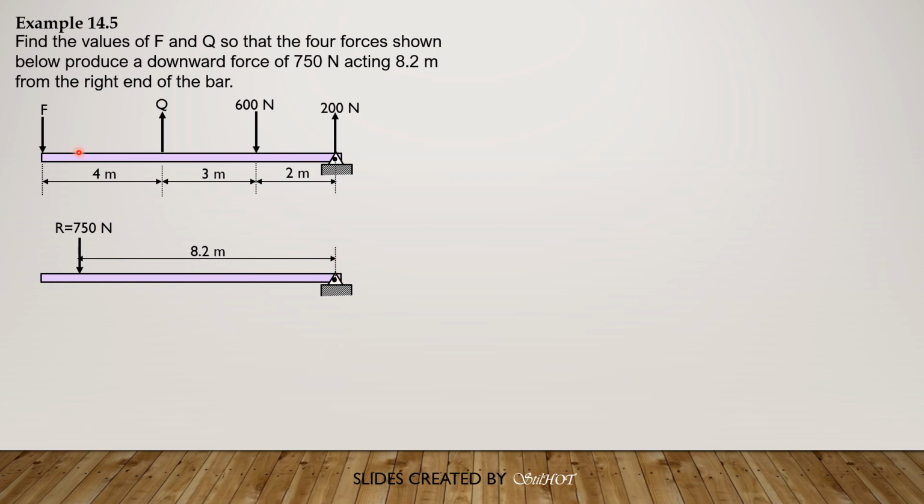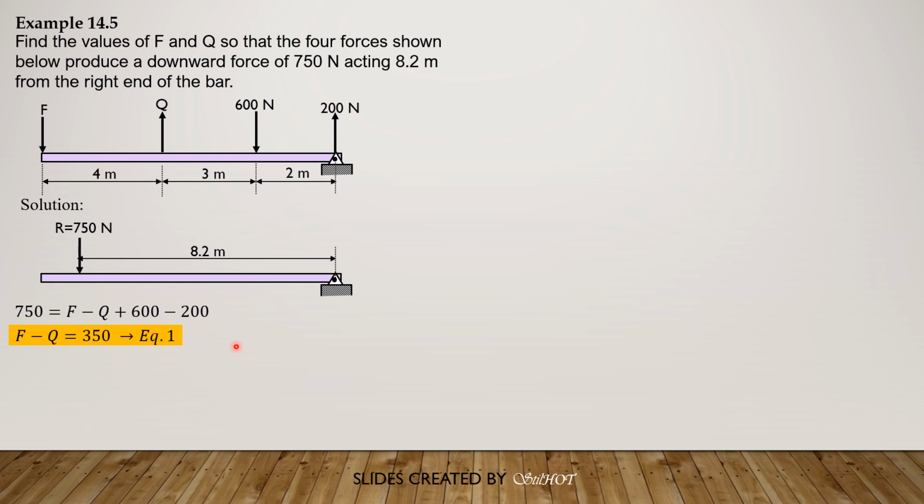So first, summation of forces in y equals 750, considering downward forces as positive because the resultant is a downward force. So 750 equals F minus Q plus 600 minus 200. So F minus Q therefore equals 350.